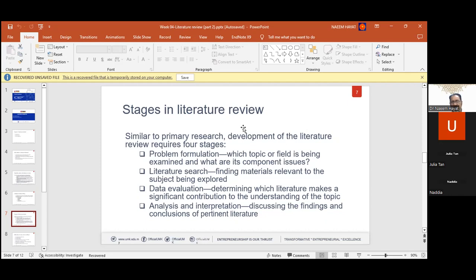Data evaluation is the third stage of the literature review: determining which literature makes a significant contribution to understanding of the topic. Here we need to make some elimination criteria, deciding which journal papers may be included and which we may not require.